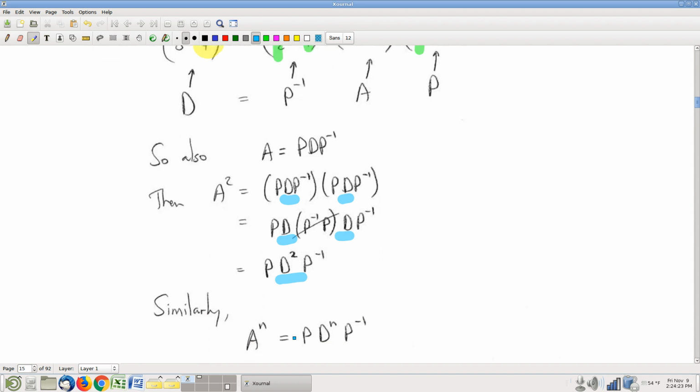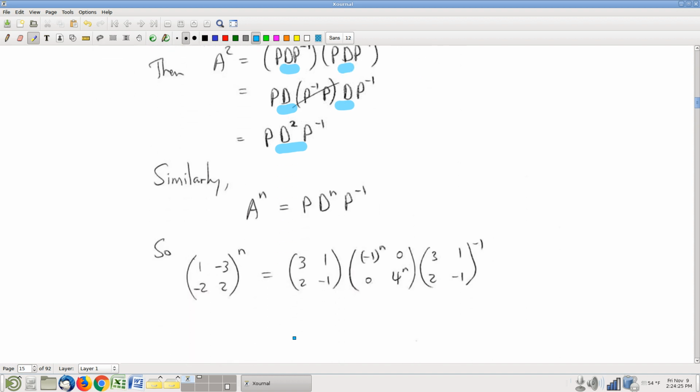And the nice thing about that is diagonal matrices are really easy to raise to high powers. There's nothing tricky about how you multiply a diagonal matrix times itself. You just raise the diagonal entries to those powers. Okay. So, -1 to the power of a billion. Easy.